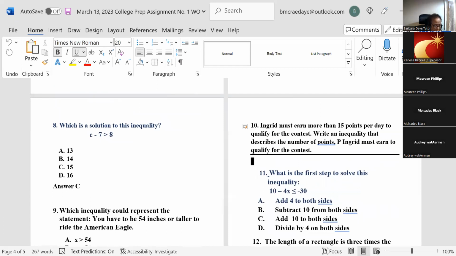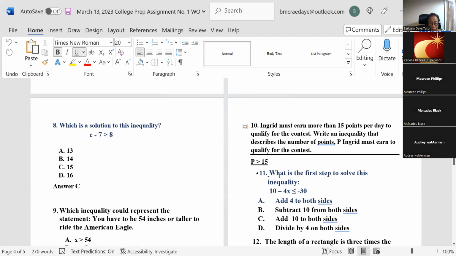You had P greater than 15. Ingrid must earn more than 15 points per day, right? P greater than 15. That's the answer.